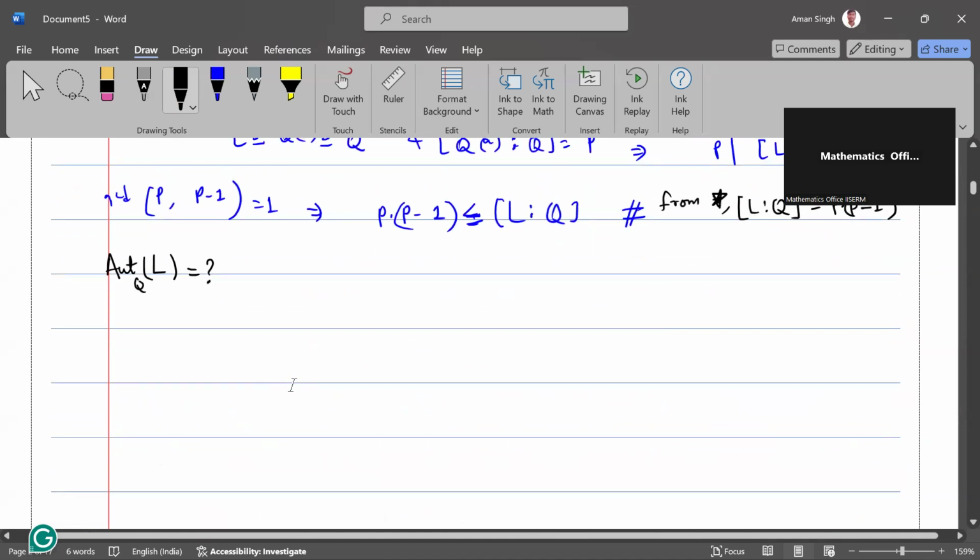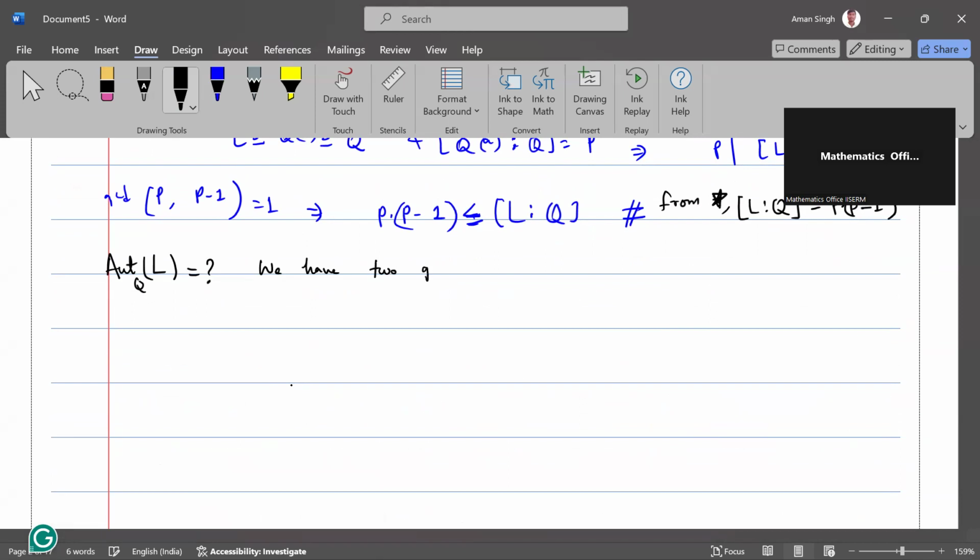We have two generators of L over Q, as a field, as an algebra.